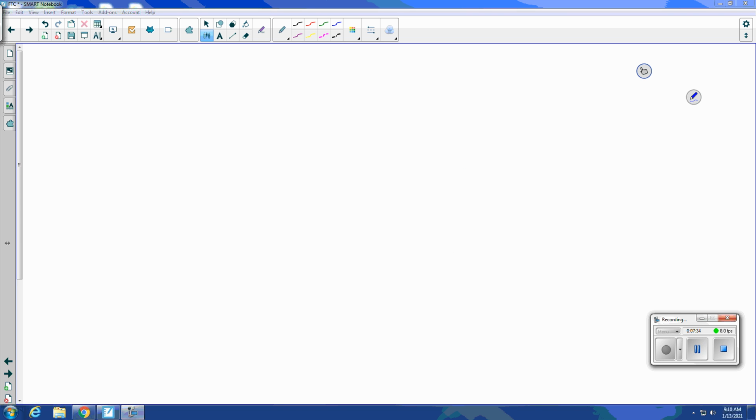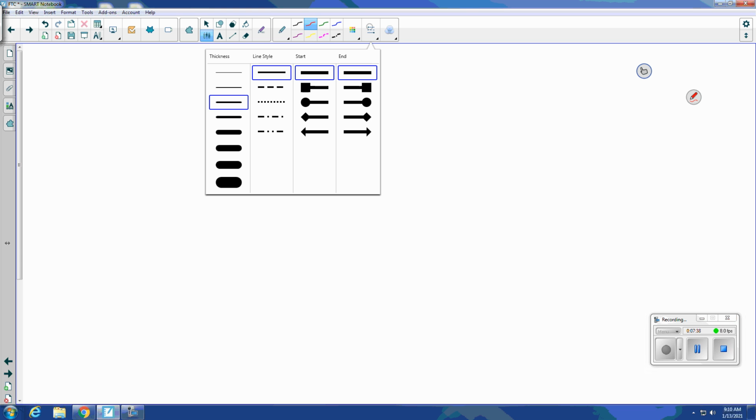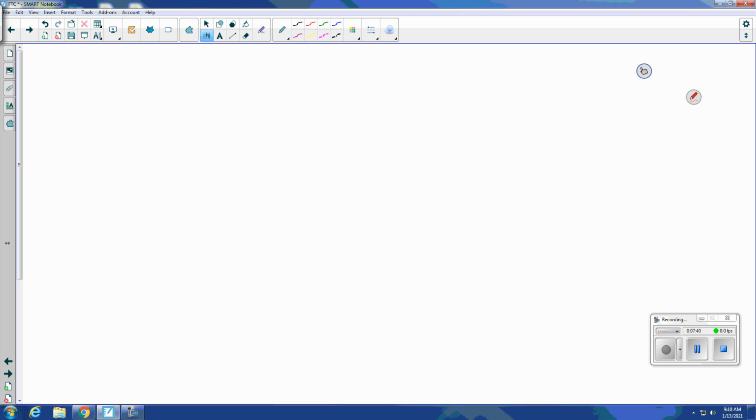Before we move on to the other examples, let's establish the power rule for integration. If we have a function f of x, and we're looking for capital F of x, where f prime of x is defined as a power function x to the n.